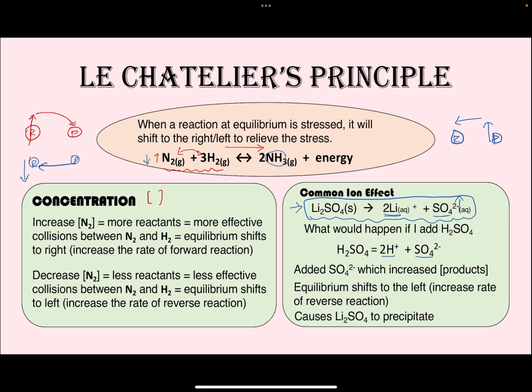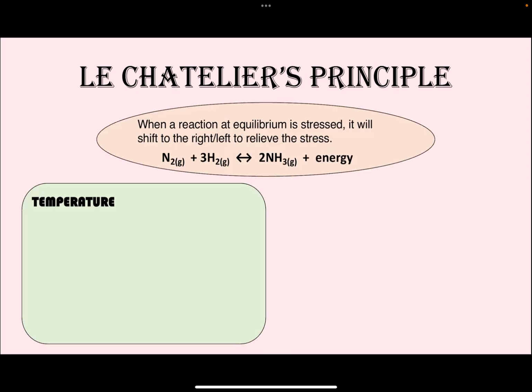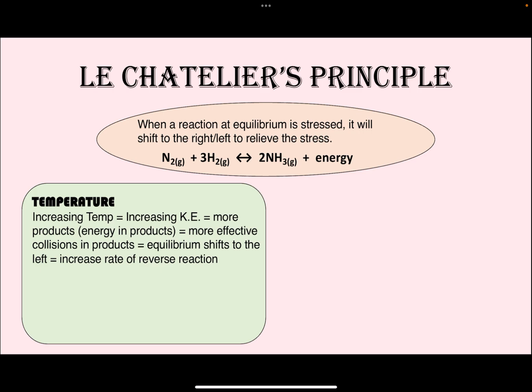Okay, so let's continue with Le Chatelier's principle, and let's focus on temperature for now. What if we increase the temperature? Remember that increasing temperature is also going to increase the kinetic energy, which means particles are going to start moving very, very fast. In this case, we notice that we have the energy written on the product side.